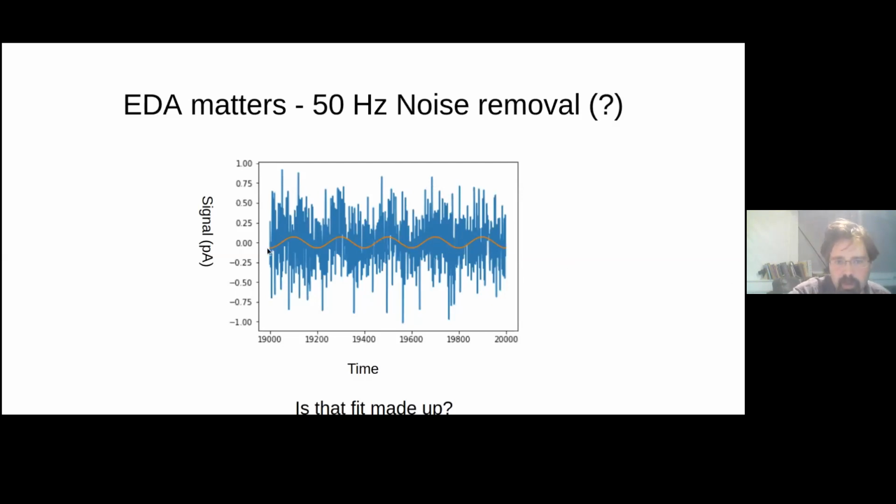This one's mine. What you're seeing is signal again versus time, but this is after I've removed our initial predictions, so how much signal should be due to the actual ion channels, and what's left over here is just noise. This doesn't look like a fantastic fit to me. You could probably convince yourself that there's something sinusoidal going on in there, but I don't know that I trust that conclusion.